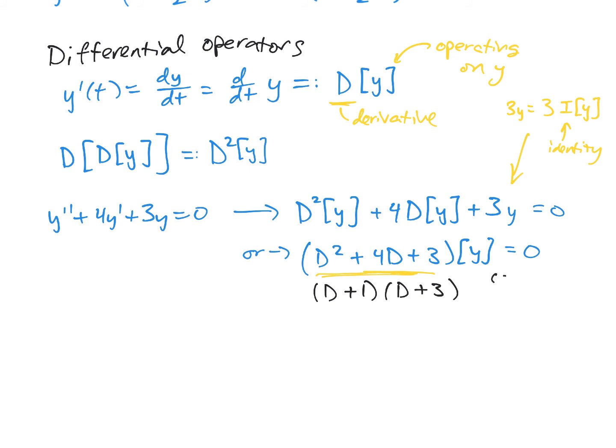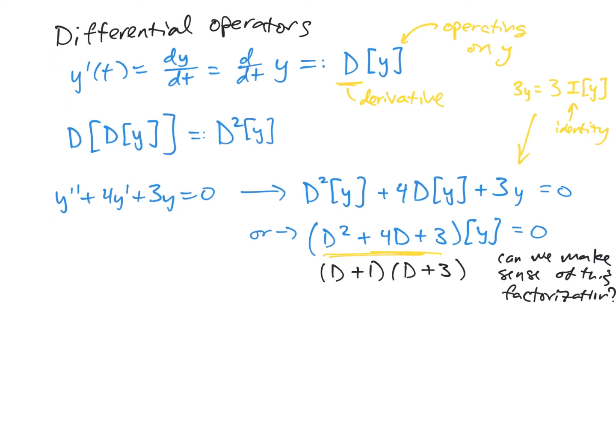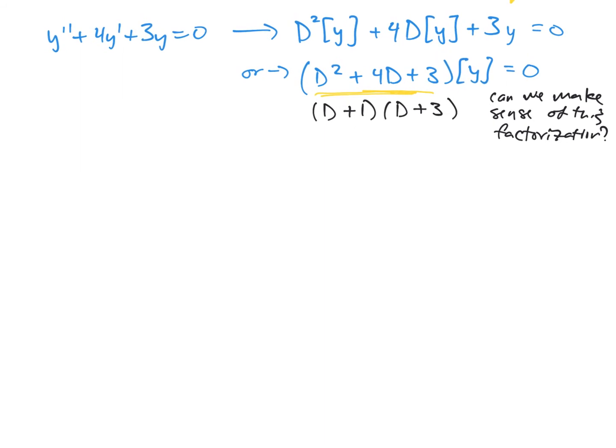So the question is, can we make sense of this factorization? Well, let's think of what D plus 1 times D plus 3 operating on y would be. So remember, multiplication is like a composition.